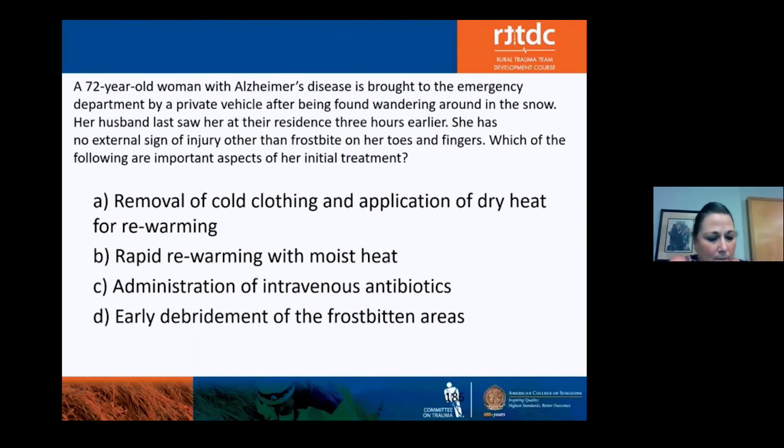Well, specifically, the question isn't saying that the patient's hypothermic, she just has frostbite. So if you're a hypothermic patient, you might want to warm them, remove the clothing, but this is a treatment of frostbite, which is never dry heat, it's moist heat and rapid rewarming. So the question is treating the frostbite. And that's how I finally came down to my answer, but I can see how maybe the question was a little bit misleading because it misled me as well.